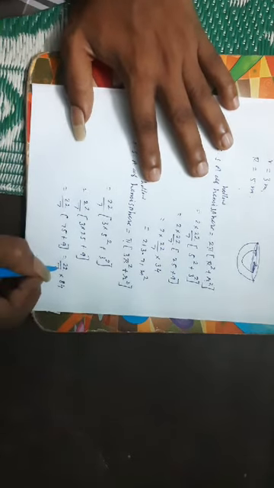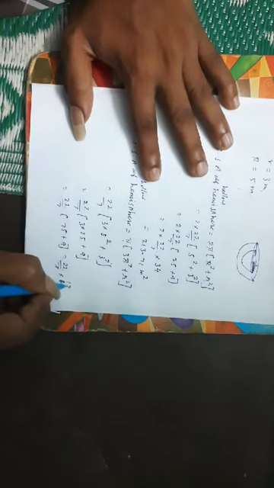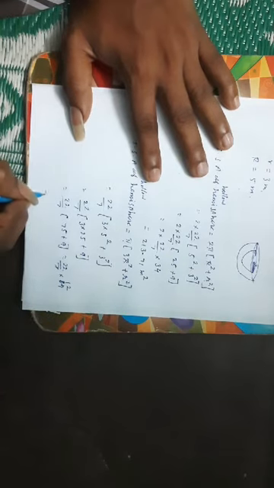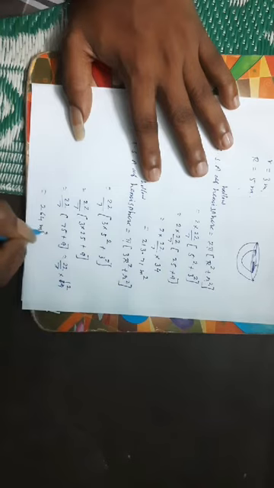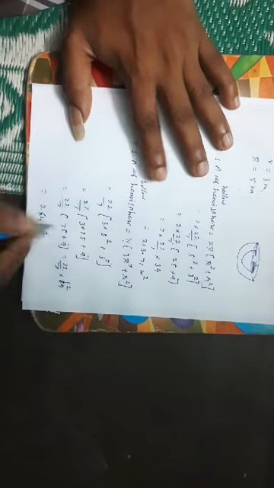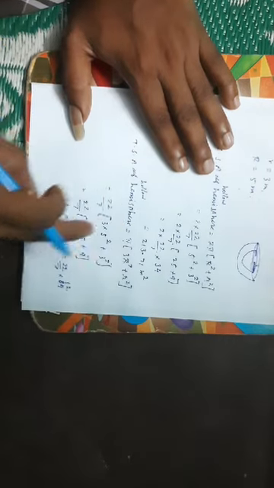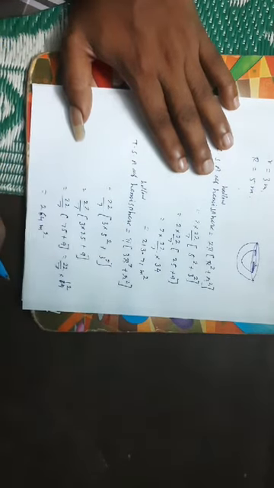Then we can cancel: 7 twelves are 84. We get the answer 264 meter square. This is the total surface area of the hollow hemisphere. We substitute the formula and find it. Then next I will go for the next example sum.